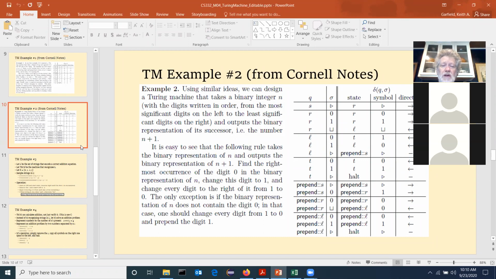Here we're adding 1 to a number. Now you've all learned how to add in binary math, and you all know how to add 1 in binary math.